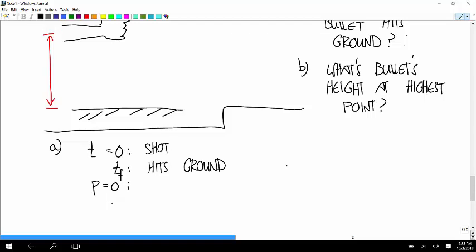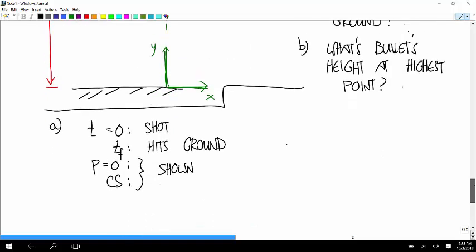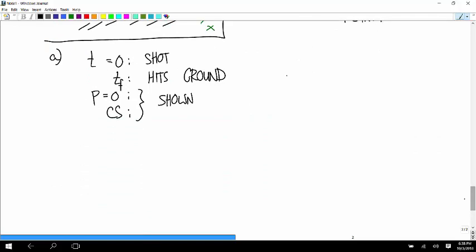And then these I'm just going to show on the picture. Okay, so I'm going to put the coordinate system on the ground right below where the bullet is when it's fired. And the y-axis points up. And then we'll go through, calculate what we know and what we want.